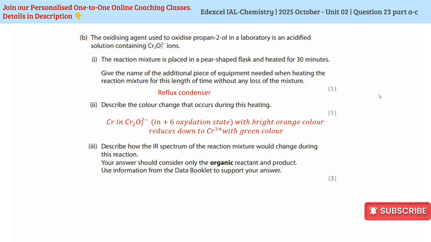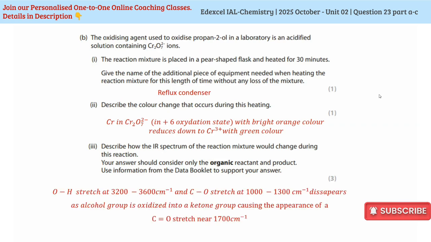Describe how the IR spectrum of the reaction mixture would change during this reaction. Your answer should consider only the organic reactant and product. The organic reactant here has an alcohol group, which contains carbon-oxygen stretching and oxygen-hydrogen stretching at 1000 to 1300 and 3200 to 3600 per centimeter, and these are going to disappear from the IR spectrum of the propanone.